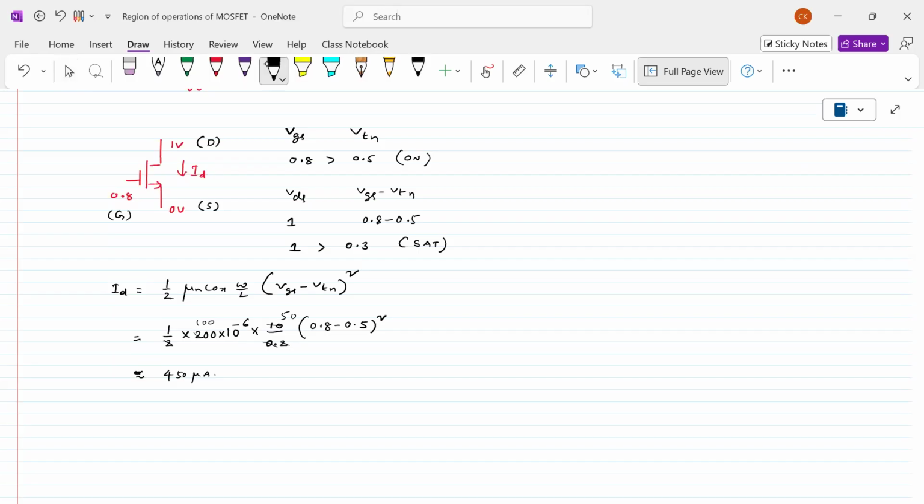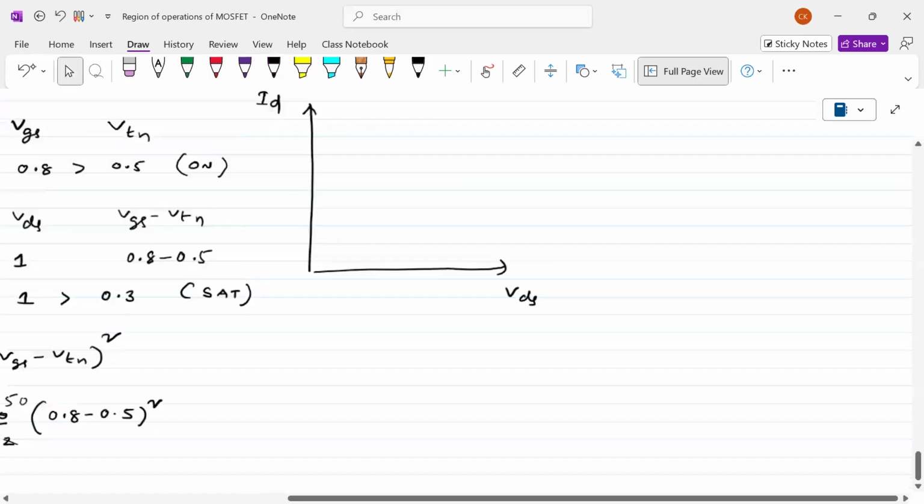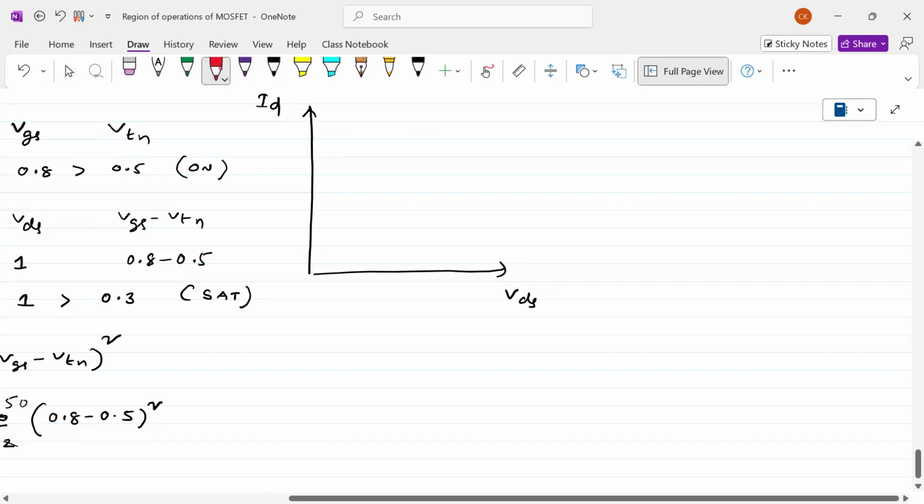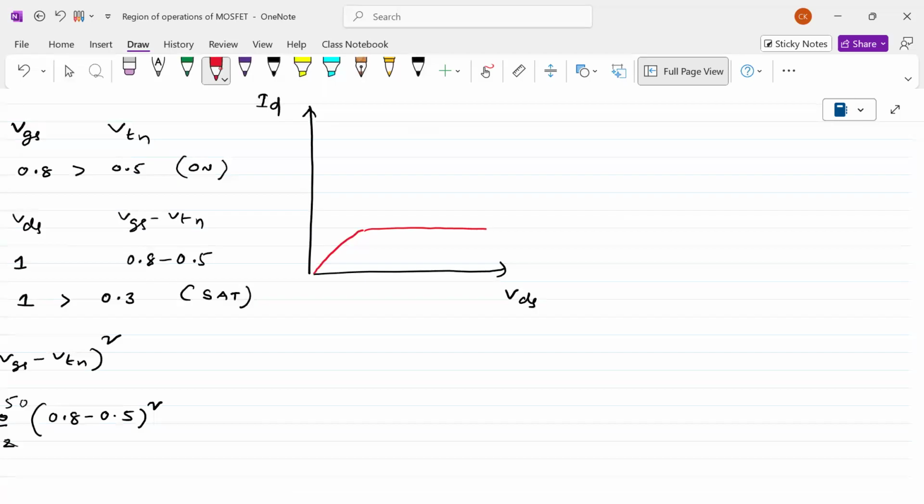Excellent, very good. As we have seen in the MOSFET characteristics, as we keep on increasing this value, the drain to source voltage versus ID, that we know very well, right? So this is how the characteristics look.